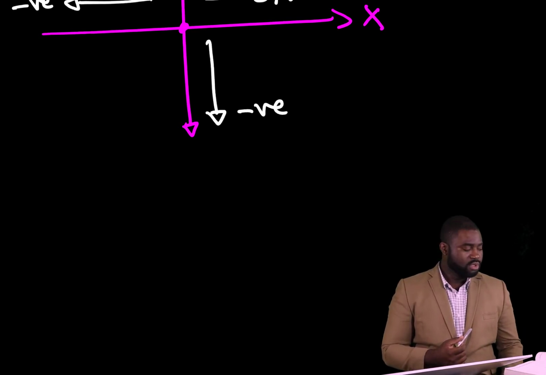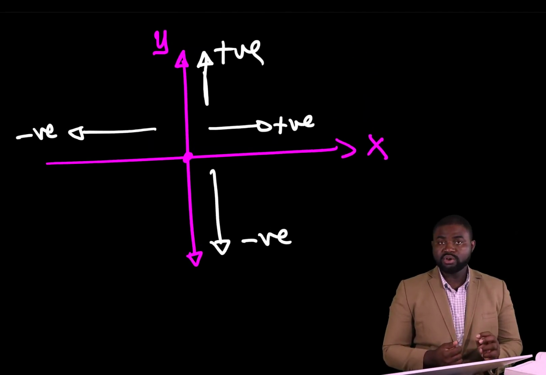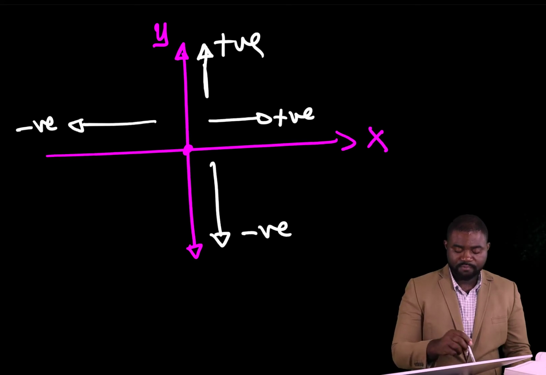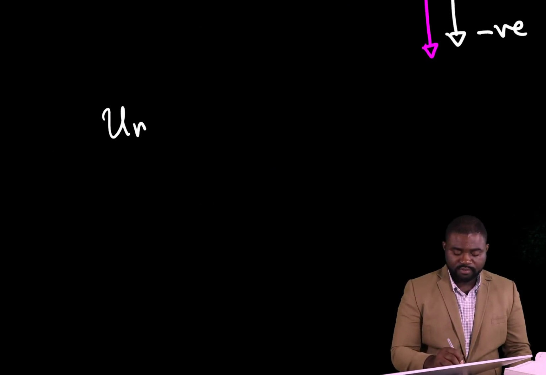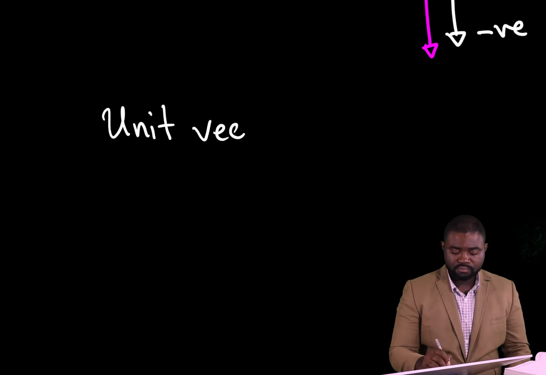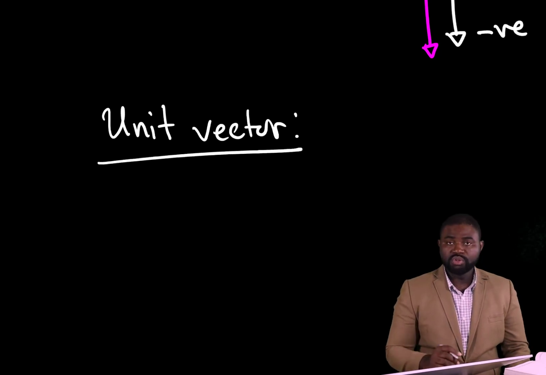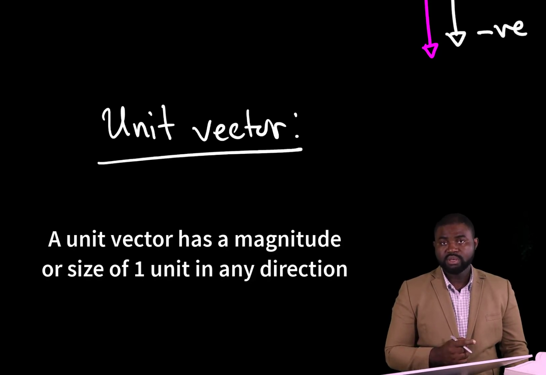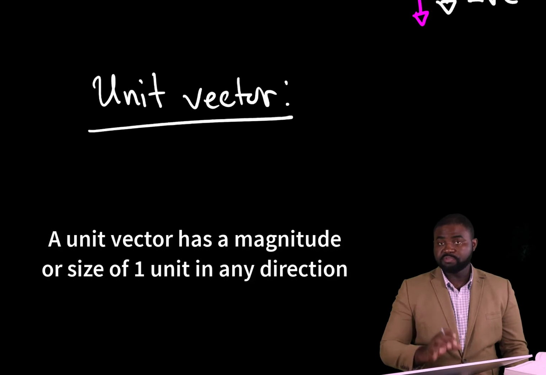we need to choose a set of unit vectors in each direction. But the question is, what is a unit vector? A unit vector is any vector with a magnitude of 1. In this particular course, you will encounter 3 very important unit vectors.